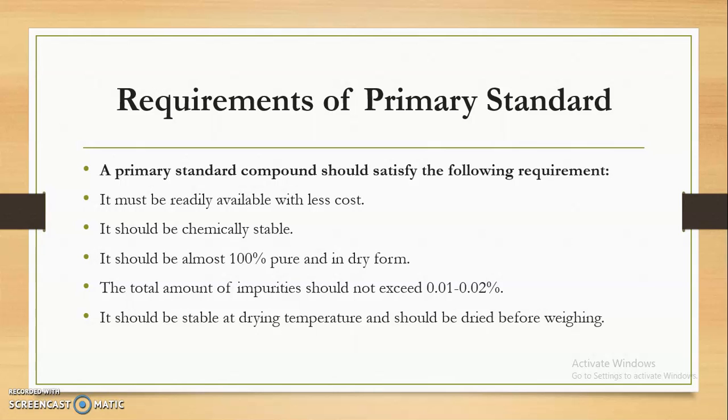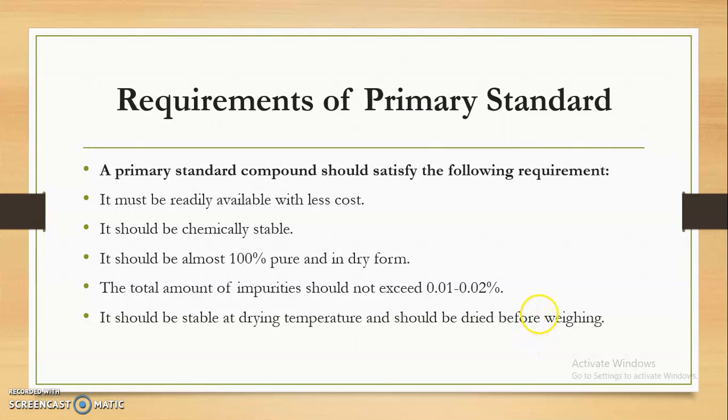It should be stable at drying temperature and should be dried before weighing. It is important to carry out the drying of that particular primary standard before weighing, because certain primary standards have some moisture content, and if we take it as it is, that leads to false weights.